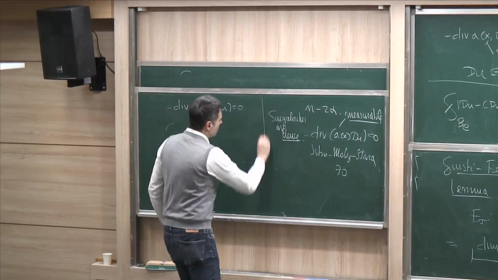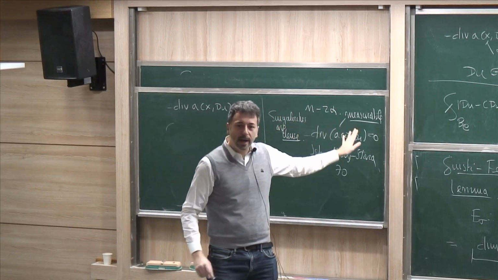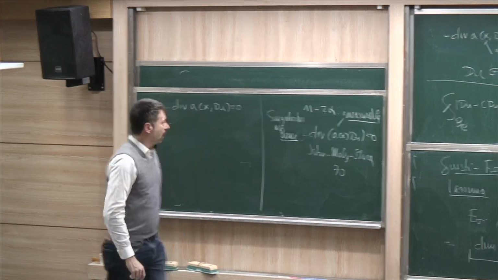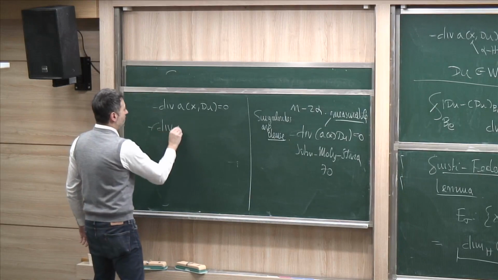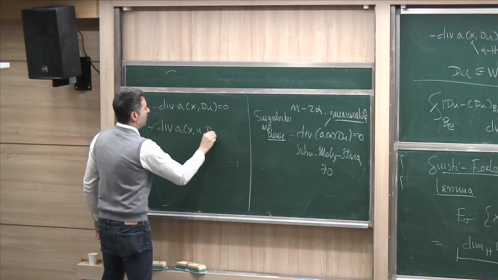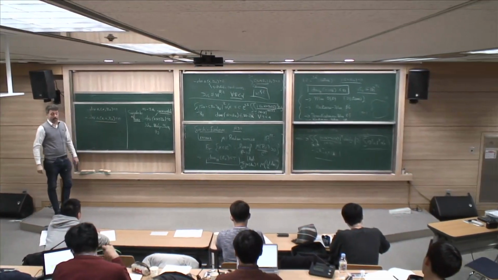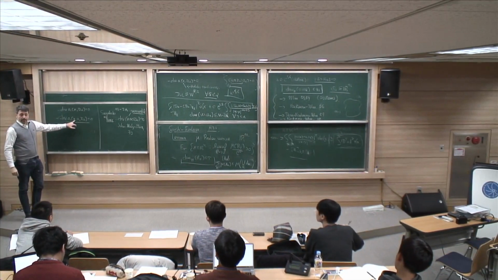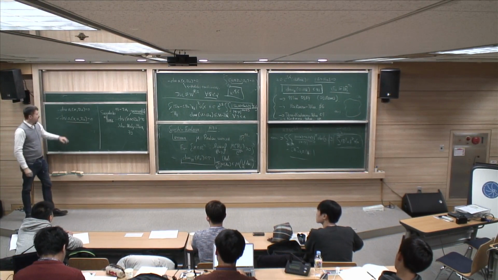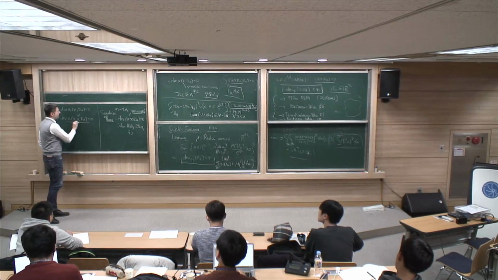Now you immediately see that if you try to carry over this method to systems of this type, then there is a problem. Why? Because this is Hölder continuous with respect to x. But then if you think that this is an additional coefficient, this a priori is just measurable.